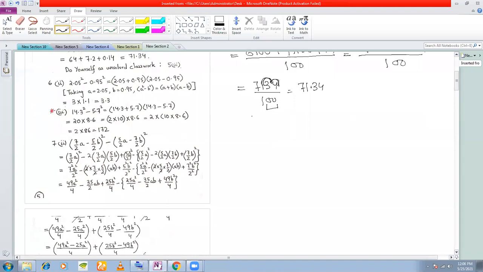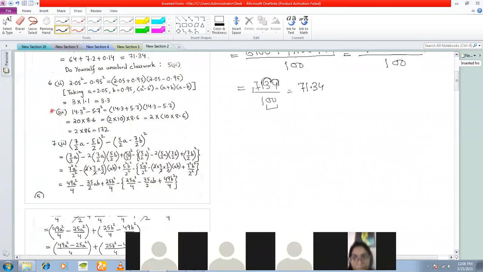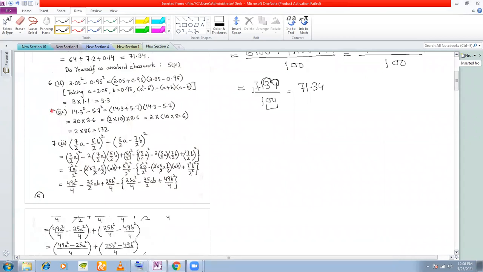We'll see what we can do with the next one. Now see, the next one here is 14.3 square minus 5.7 square.